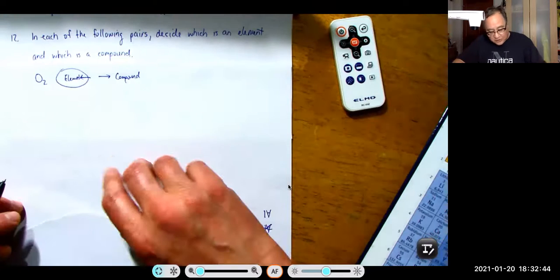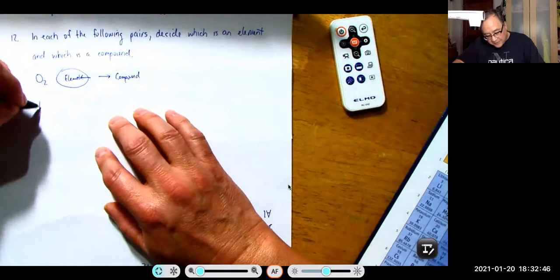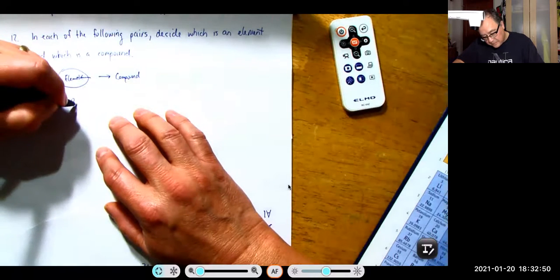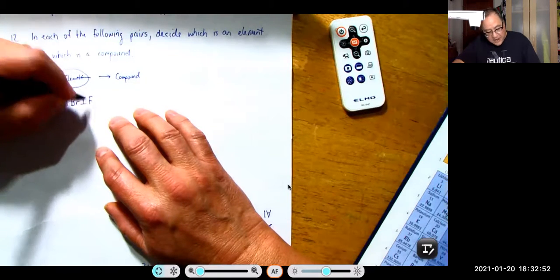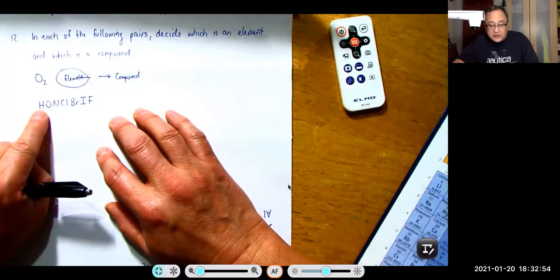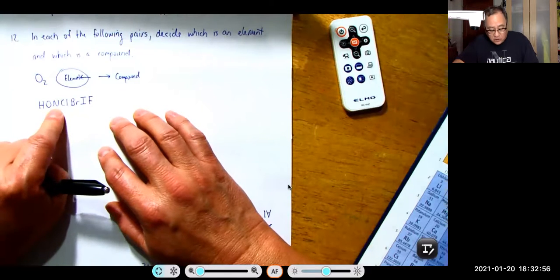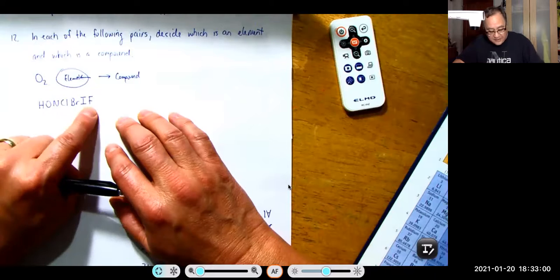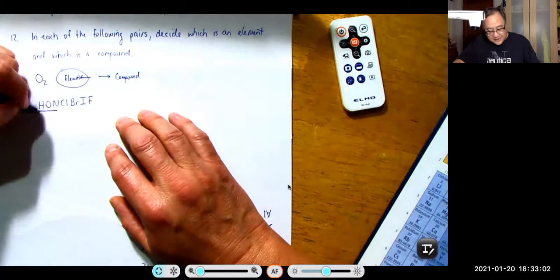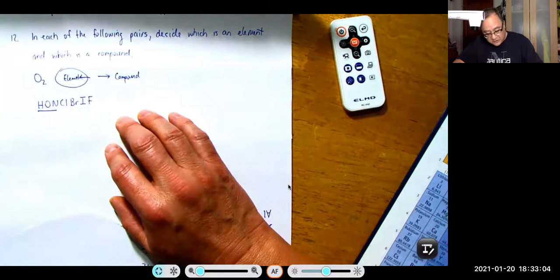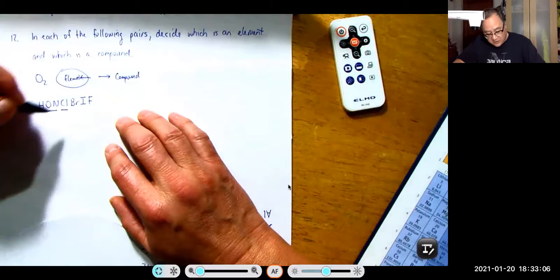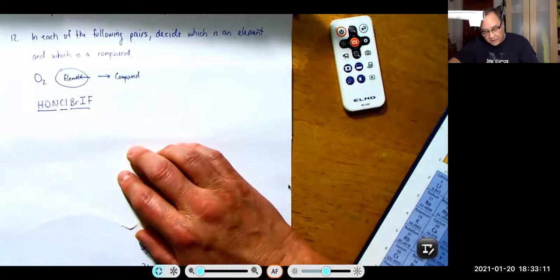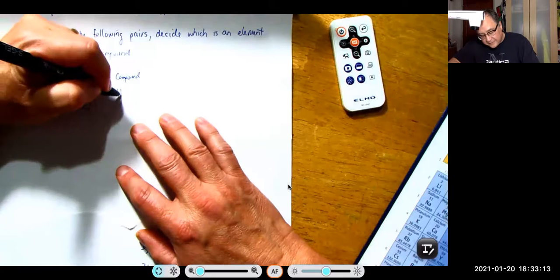Those 7 elements are the following: hydrogen, oxygen, nitrogen, chlorine, bromine, iodine, and fluorine. You can make this into syllables: Han, Col, Brif. That's one way to remember it. Another way to remember it is this way.